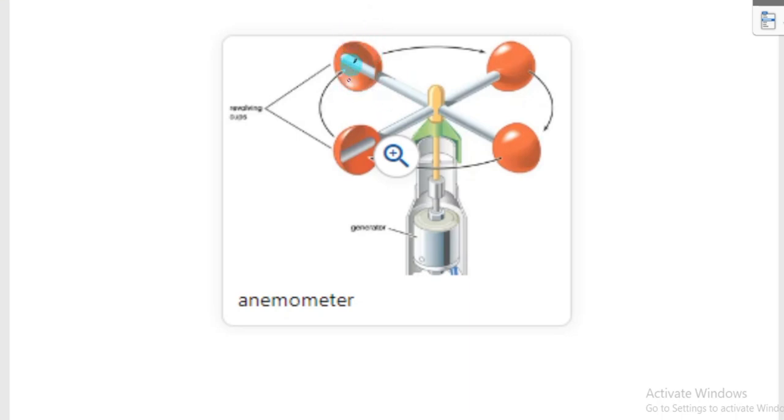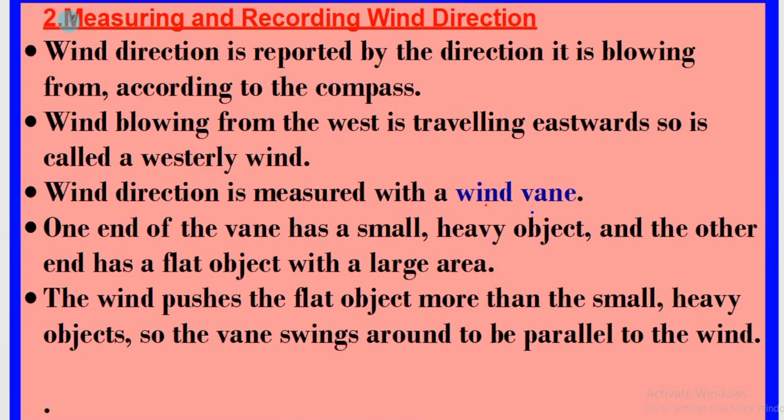These cup-shaped objects are fixed at the end of the shafts. When the strong wind blows, the shaft is spinning faster and faster, and it indicates the speed of wind.